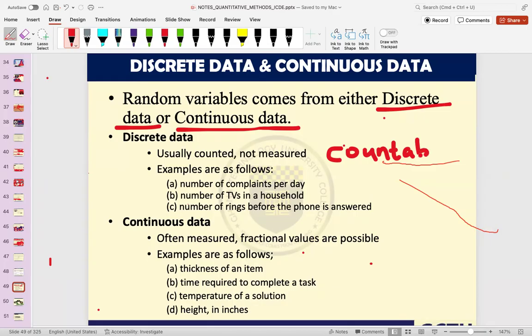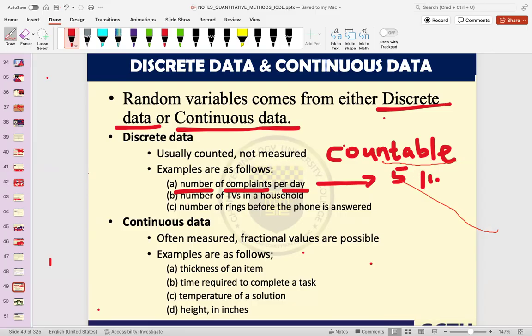You can count them physically. For instance, if you are looking at the number of complaints per day brought by people to you as a manager, you can count them. If 5 people came to complain, you knew that 5 people came.